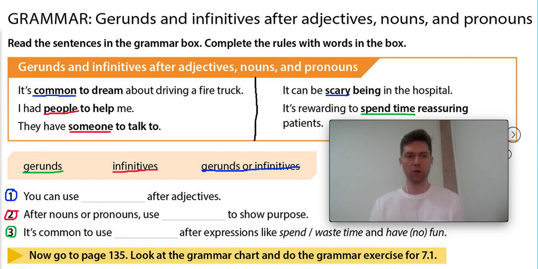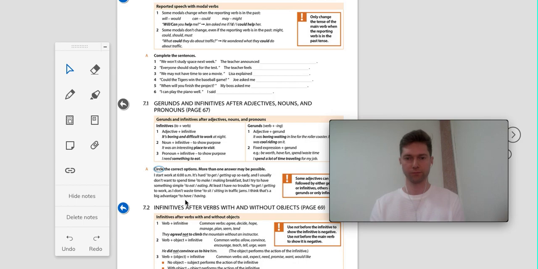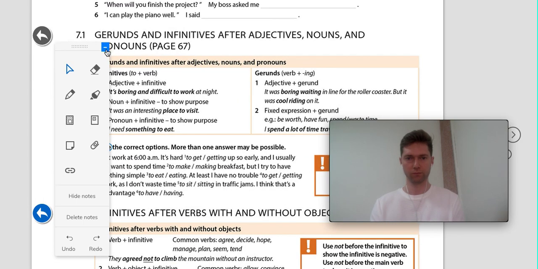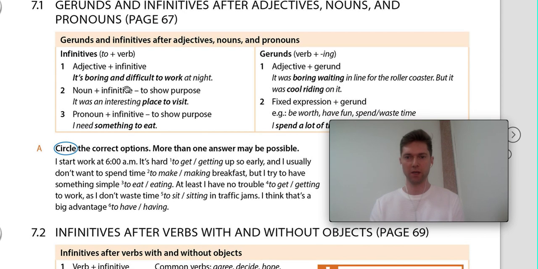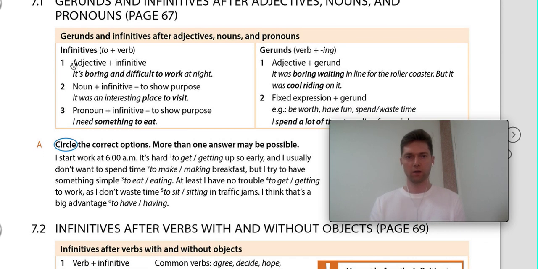But now we will go to page 135. You can open your books on page 135. So you can find the same rules here, right? They repeat again. We use infinitives after adjectives, nouns, and pronouns.